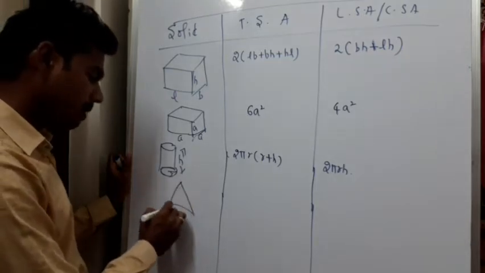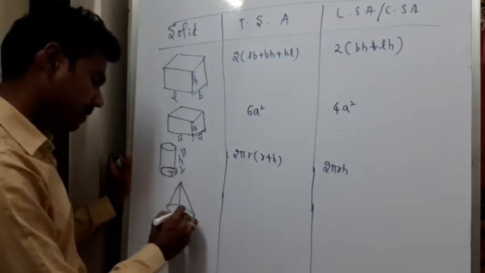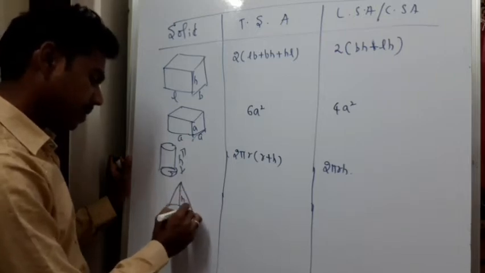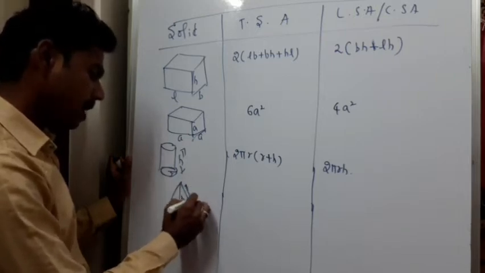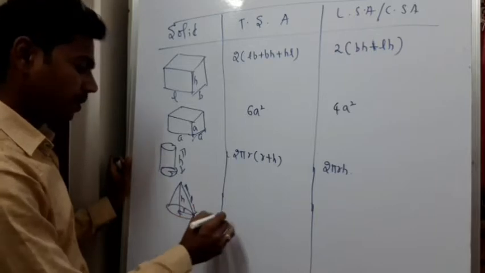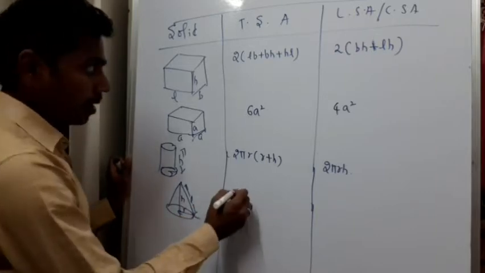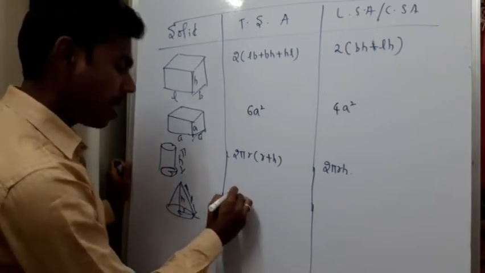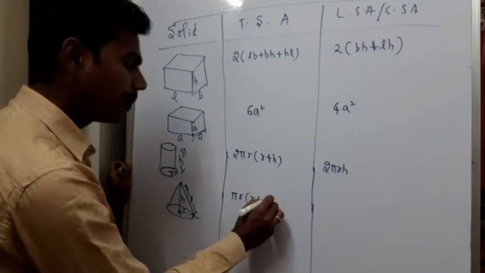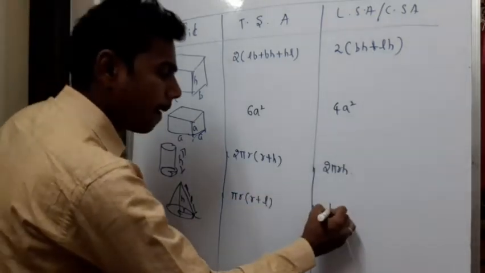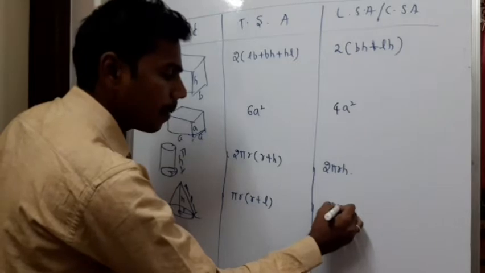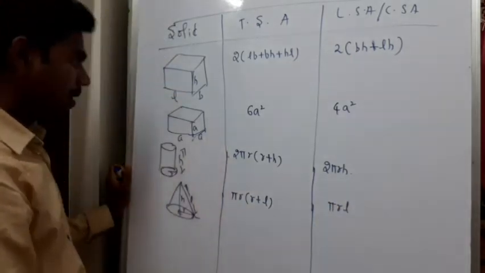This is H, this is R, and this will be L. Fine. So total surface area is pi R into R plus L, and lateral surface area, curved surface area, is pi R L.